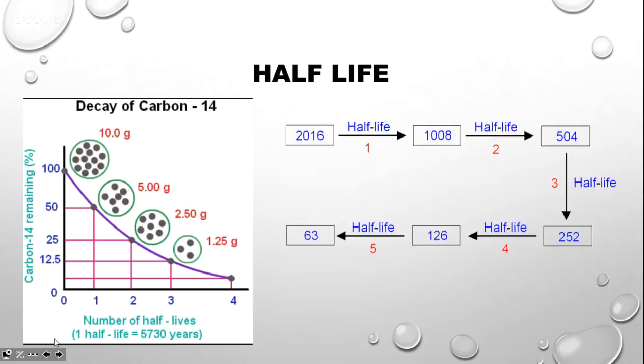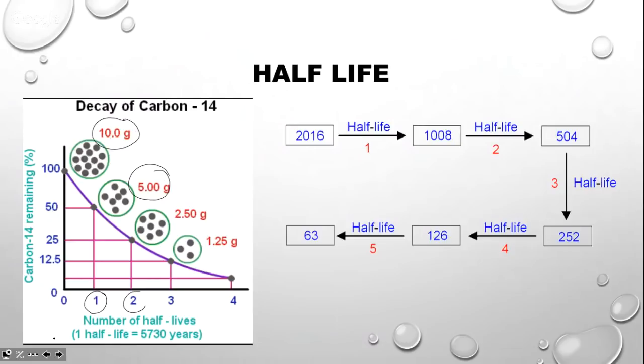For example, every time a half-life goes by, the amount remaining will divide in half. So 10 grams of carbon-14 is what we started with. At the end of one half-life period, we will have 5 grams of carbon-14 remaining. The other 5 grams will have decayed into more stable products.